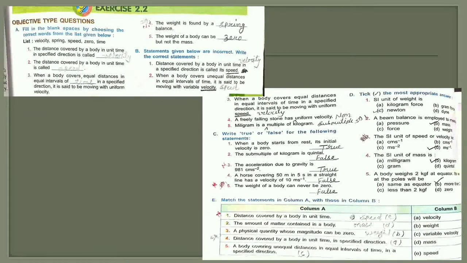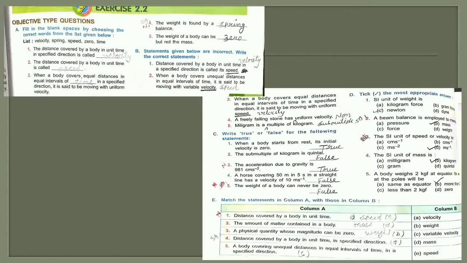Okay, our next question is when a body covers equal distances in equal intervals of time in a specified direction, it is said to be moving with the uniform speed. No, here you have to write velocity at the place of speed, because direction is specified. Okay, fourth one, a freely falling stone has non-uniform velocity.